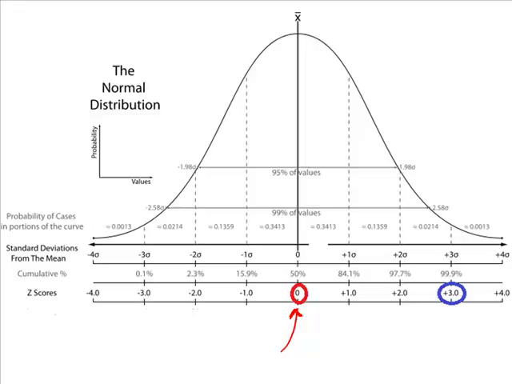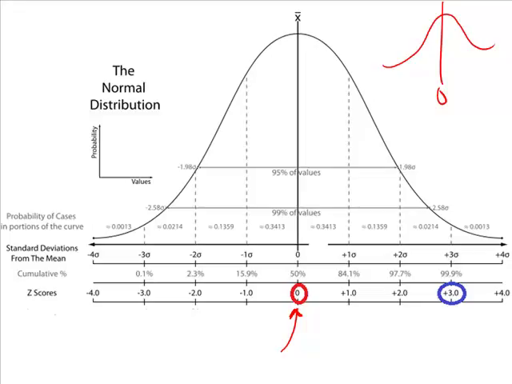So we're going to start in the middle with a z-score of 0. So z on a normal curve, always, whenever you draw one, this is 0. It's set to have the 50th percentile.